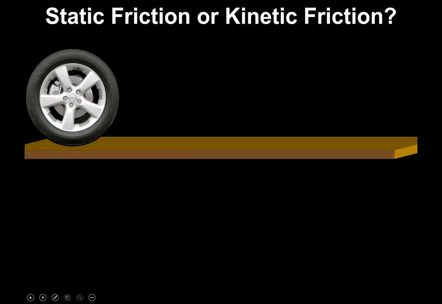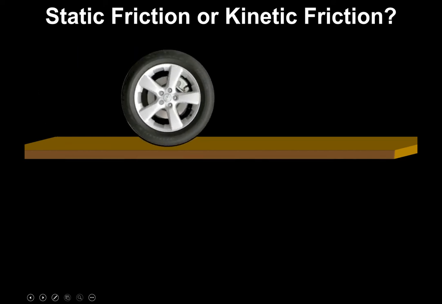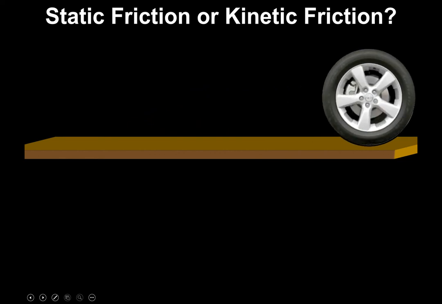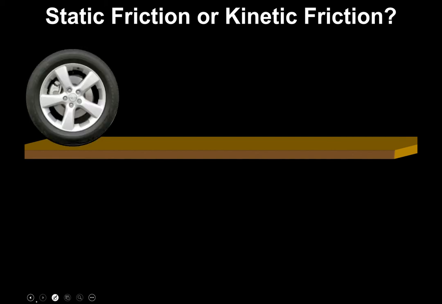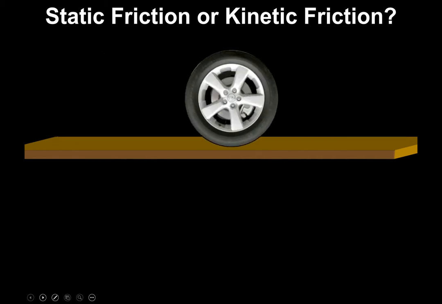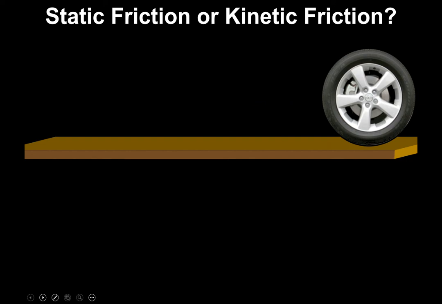Okay. So is this static friction or is this kinetic friction? I'll let you see that one more time. Hint, it's a trick question. Okay? So that's going to be static. The reason it's static is because it's rolling.